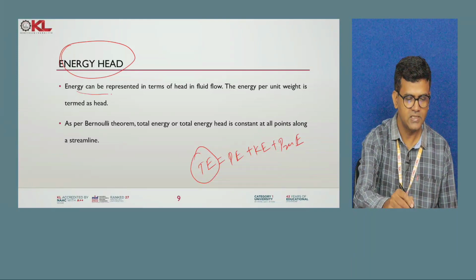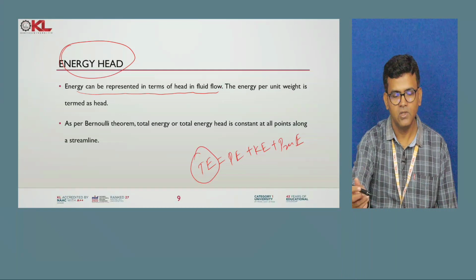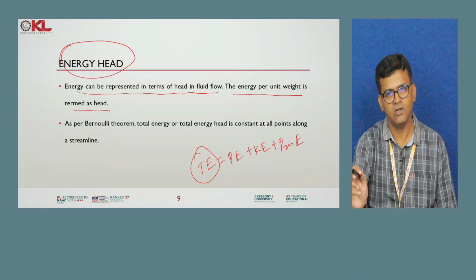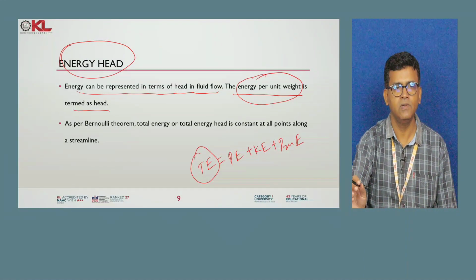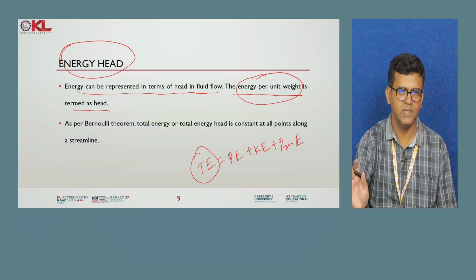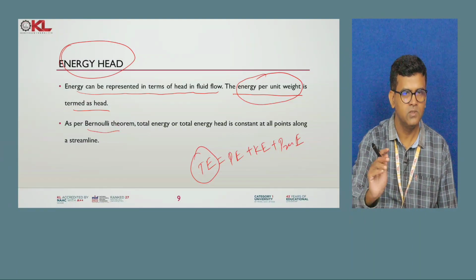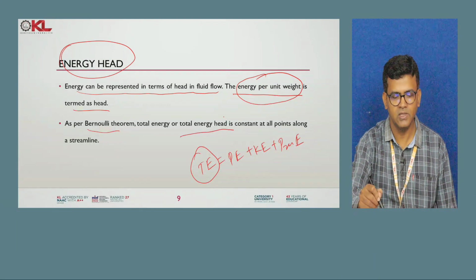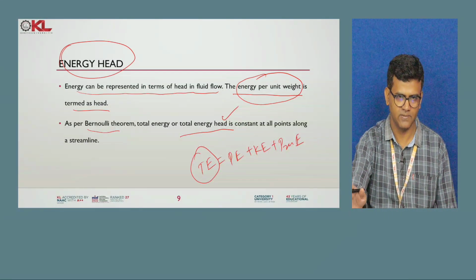So this energy can be represented in terms of the head in the fluid flow. This energy per unit weight is called the energy head or simply head. The energy per unit weight of the fluid is the energy head or simply head. So as per Bernoulli's theorem, total energy is constant, so total energy head will also be constant, as the energy is simply converted into the energy head.